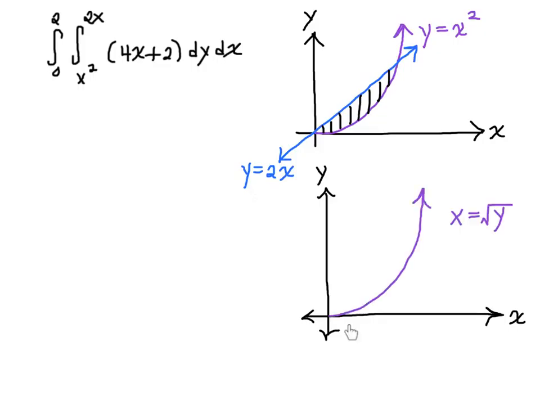When we do this, we see that we have x is equal to the square root of y. And then our other graph, when we have x as a function of y, we get x is equal to 1/2 y.